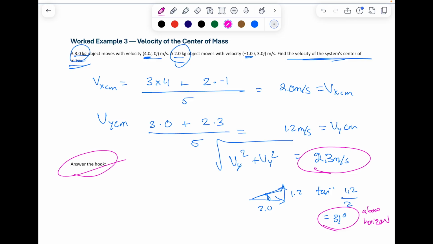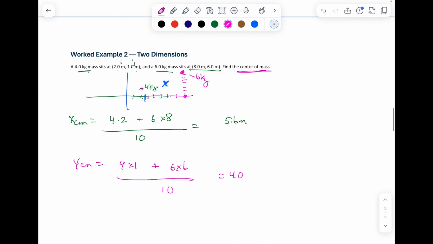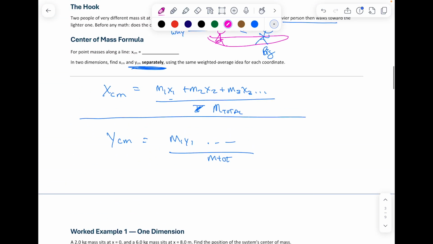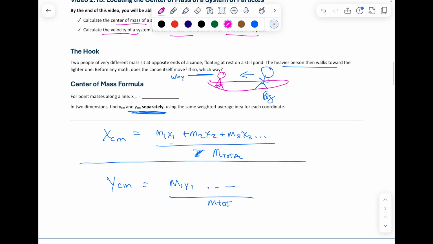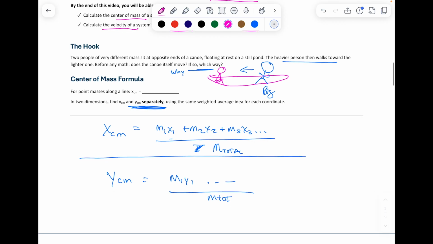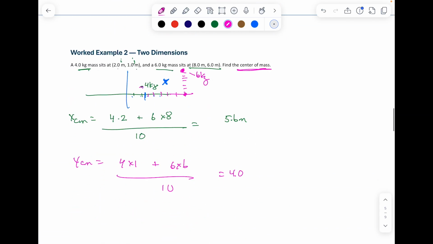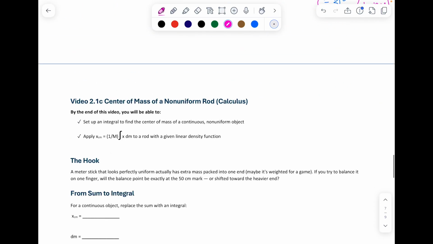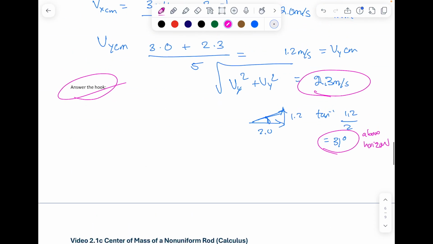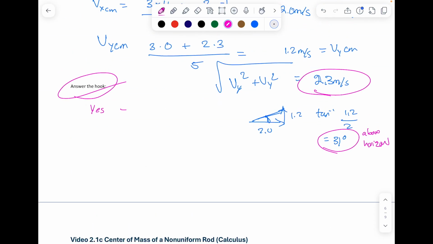Now let's go back to the hook. Remember the hook was we had a guy in a boat, and the heavy guy moves towards the light guy. And what happens? Does the boat move? And the answer is yes, it's going to move. Again, this is all related to Newton's third law, equal and opposite reaction or force pairs.